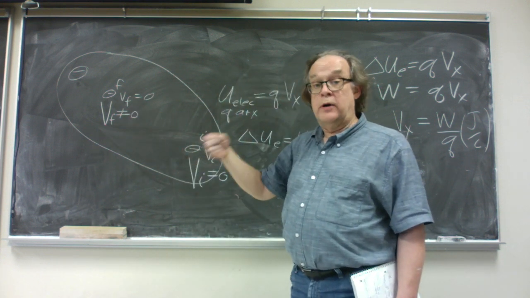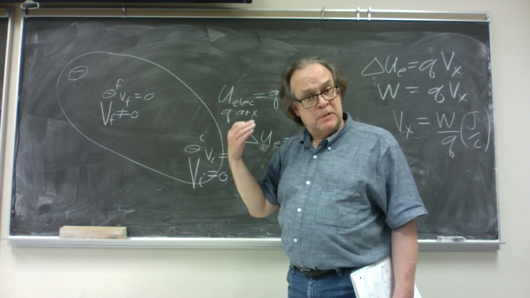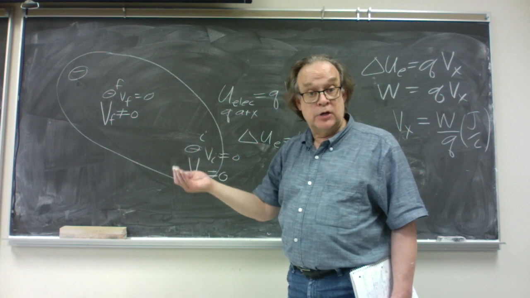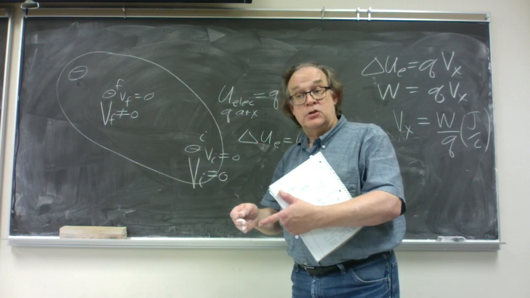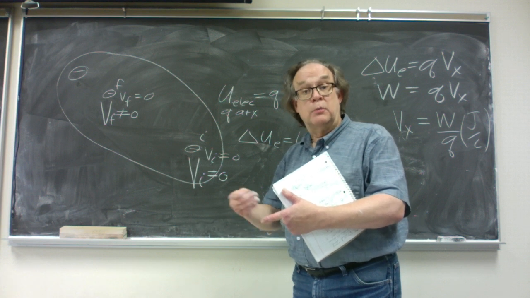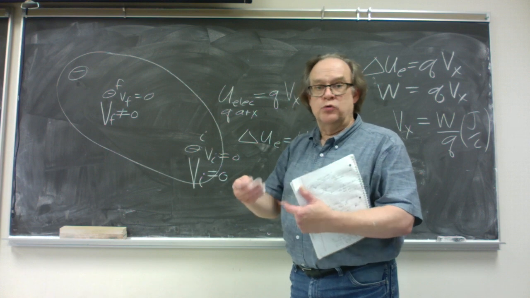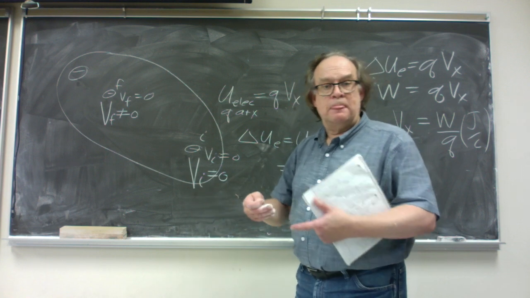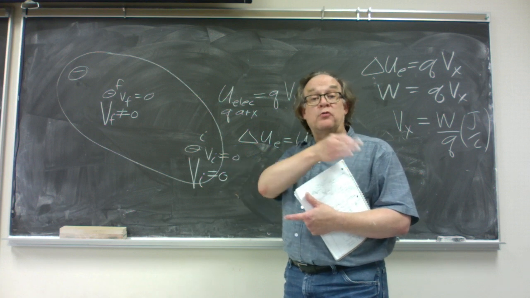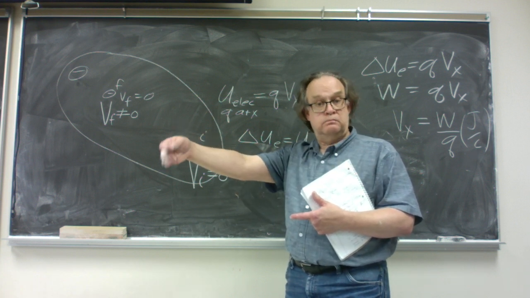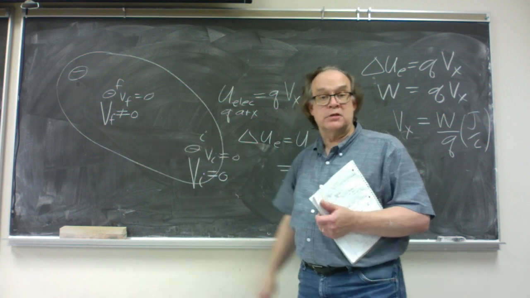Work per unit charge, energy per unit charge. That's always a good way to think about electric potential. Electric potential at a point is just the number of joules of energy you need to expend to move 1 coulomb of charge from far away to wherever that point is.